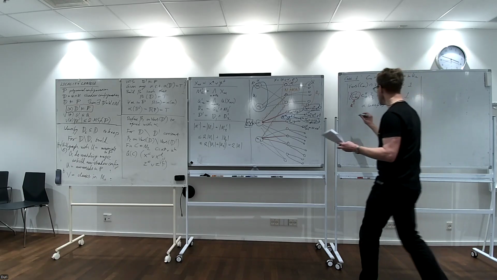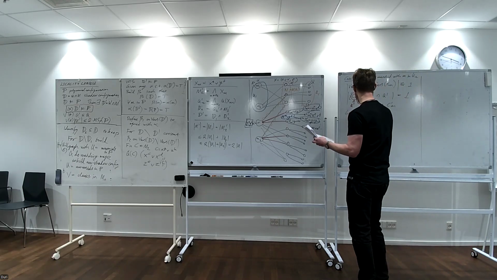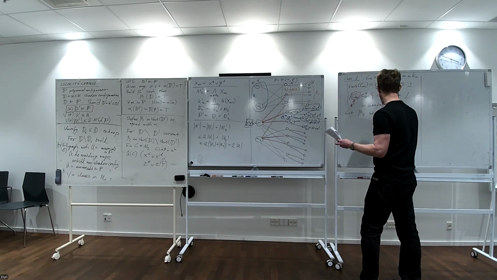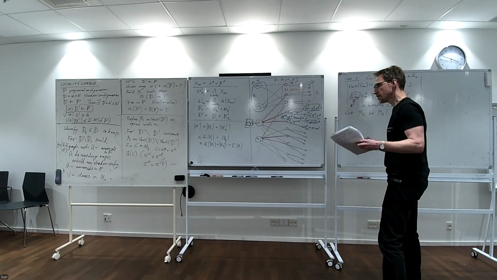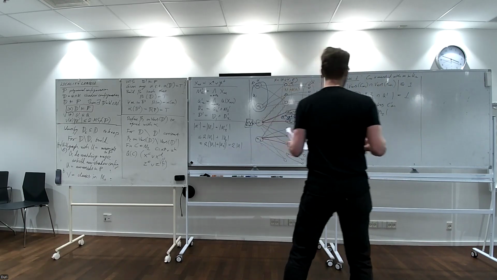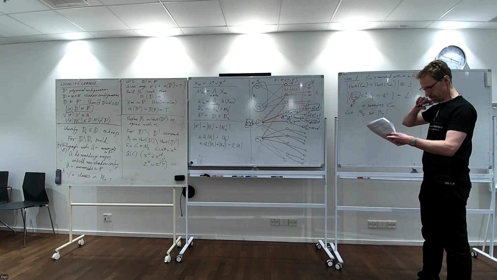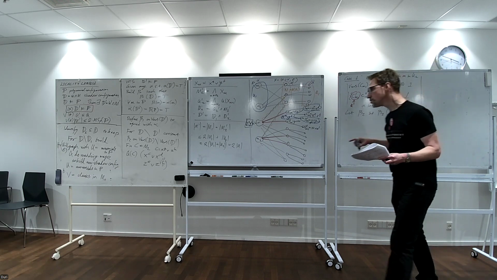But now let's look at beta 2. And I'm going to pick where there's one free variable.